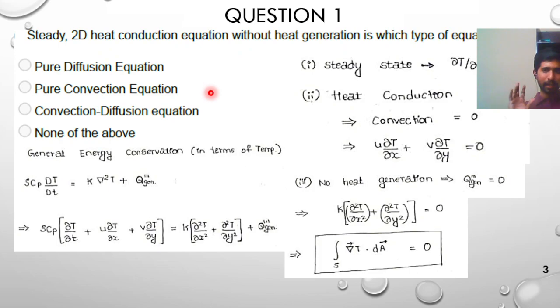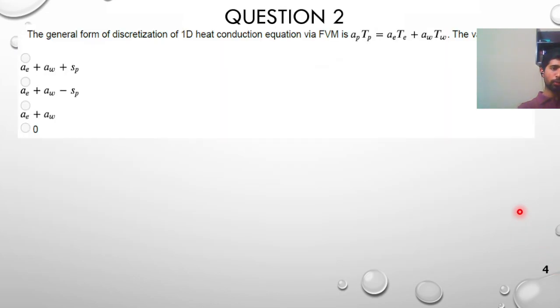So you can definitely ignore the diffusion part, but in reality you will not get a pure convection process. But in the mathematical sense and governing equation wise, pure convection is possible. You can solve pure convection equations. That is what I am trying to tell here. That was just an additional thing. So it should be pure conduction, sorry, pure diffusion.